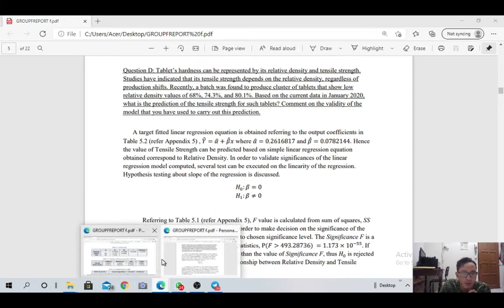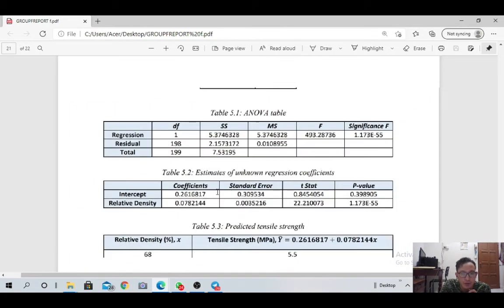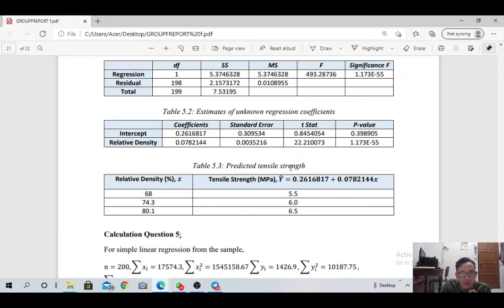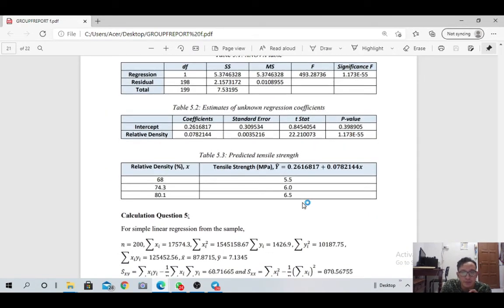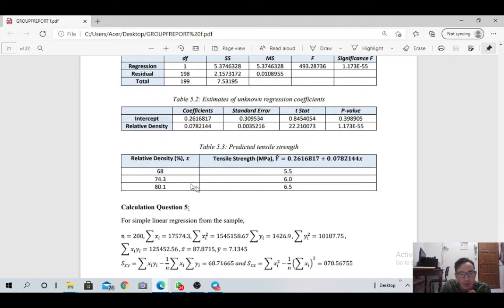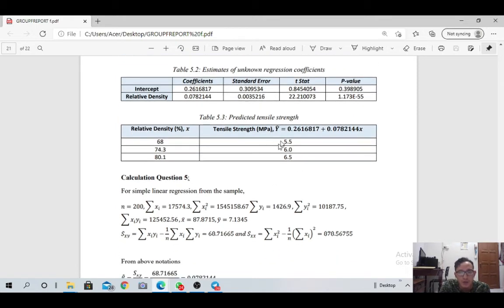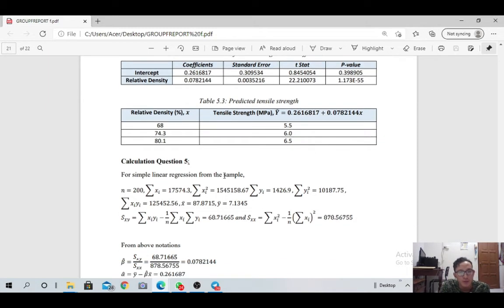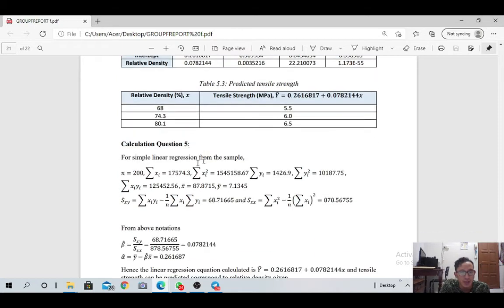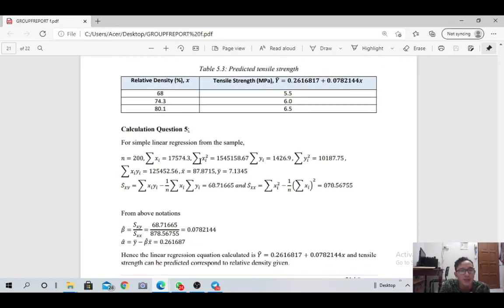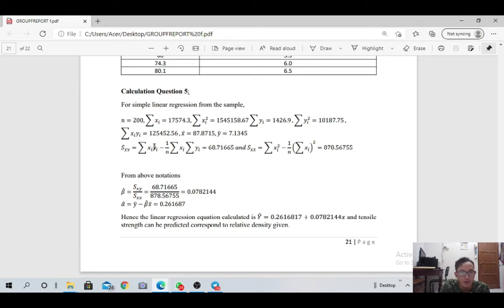So, from the table 5.2 here, in predict tensile strength 5.3 is here the table relative density 68, 74.3, and 80.1. And also we have the value 5.5, 6.0, and 6.5. So we have to point out the important values, which is n to 100, summation of xi, summation of xi square, also summation of yi, and also summation of y square, and so on.